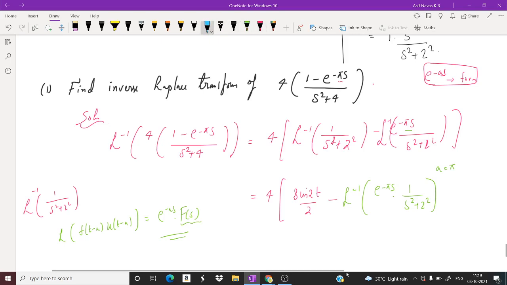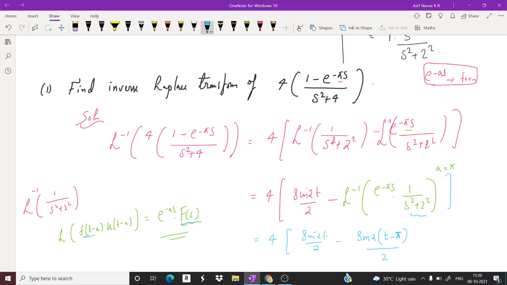Then how can you write it as a step function for sin 2t by 2? Is it t or t minus pi? When inverting, it becomes t minus pi, so it is sin 2t minus pi divided by 2, right?